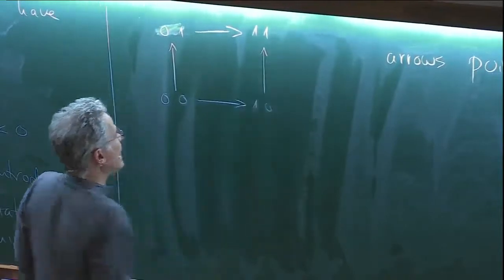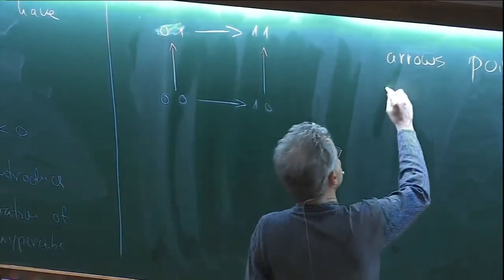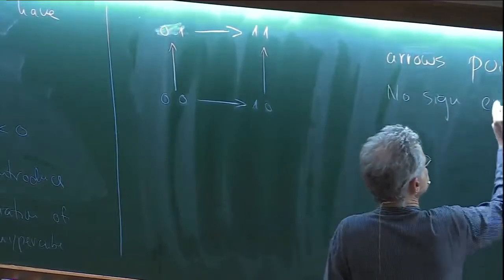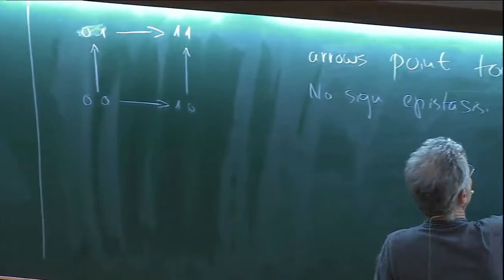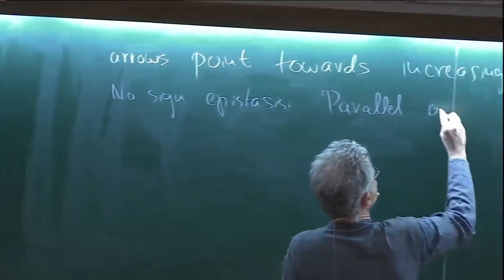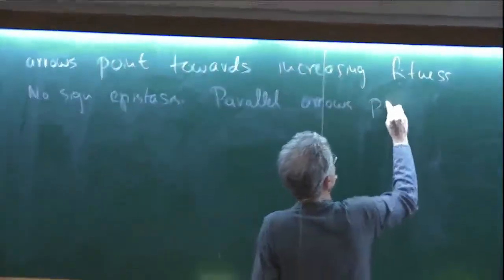So you see what absence of sign epistasis means is that arrows that are parallel to each other point in the same direction, right? So no sign epistasis means that parallel arrows point in the same direction.